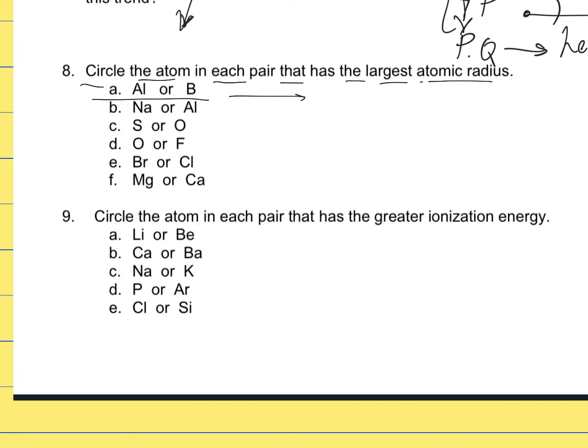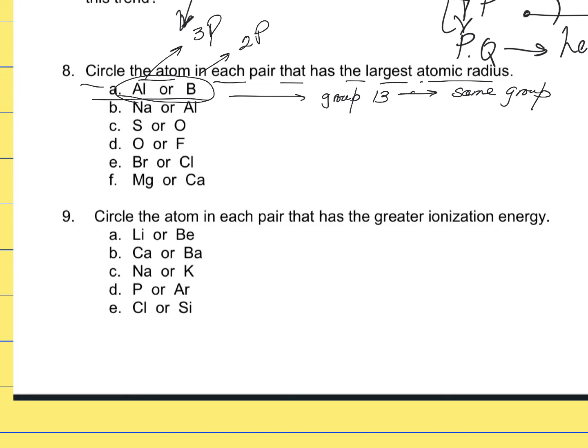So aluminum is in group 13. That's aluminum. But boron is in group 13 as well. Both of them are in the same group. So aluminum is in period 1, 2, 3. Period 3. Boron is in period 2.